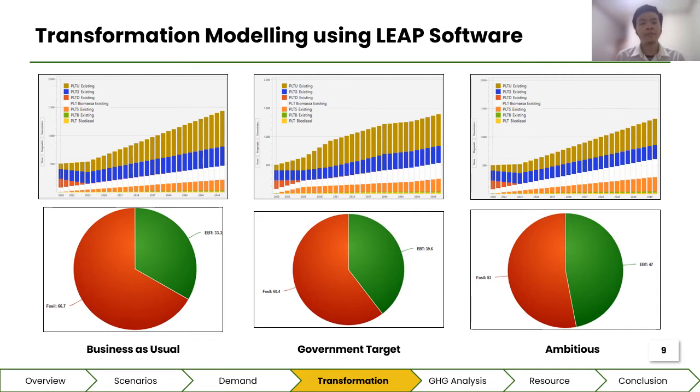And for the ambitious scenario, as shown in the simulation that we have done, 47% of energy will be produced by new renewable energy, and for business as usual, only 33.3% of the energy will be produced by new renewable energy. So we can be ambitious to hope that at least 40% of energy in Bangka Belitung in 2050 will be based on new renewable energy.